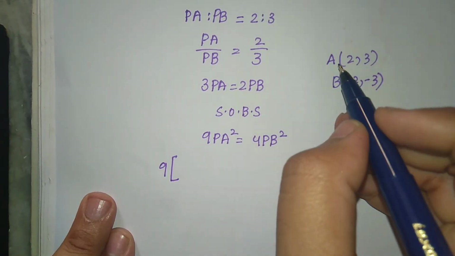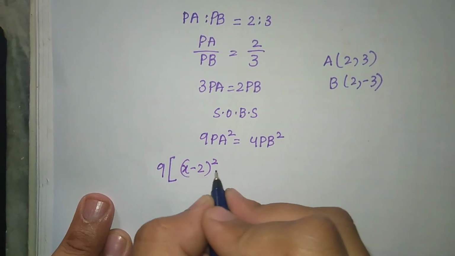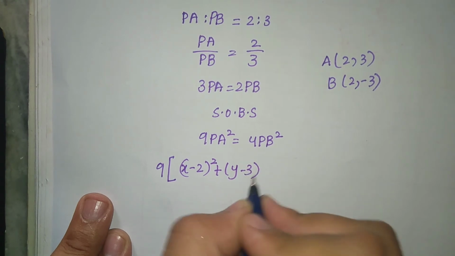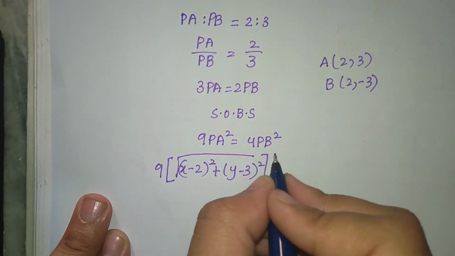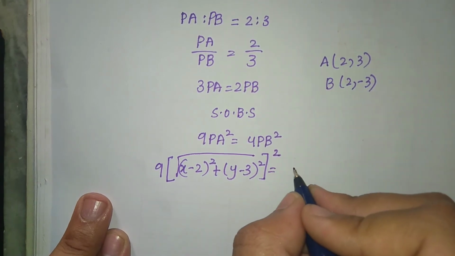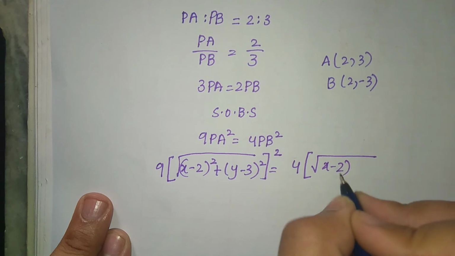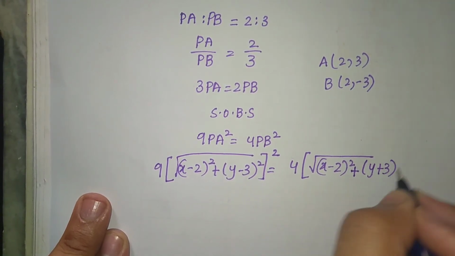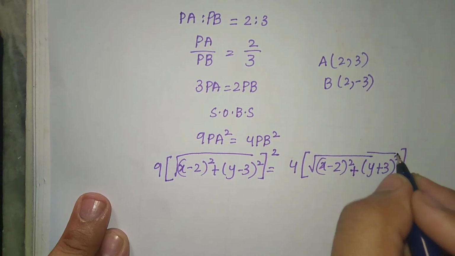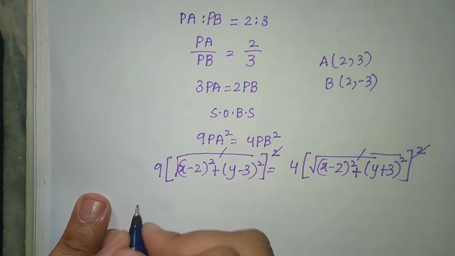So distance from P to A, x minus 2 whole square plus y minus 3 whole square, is equal to 4 into x minus 2 whole square plus y plus 3 whole square. Square root will get cancelled.